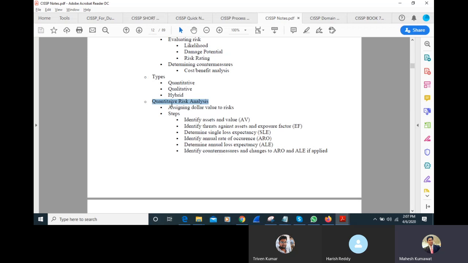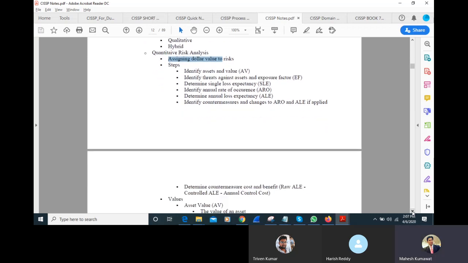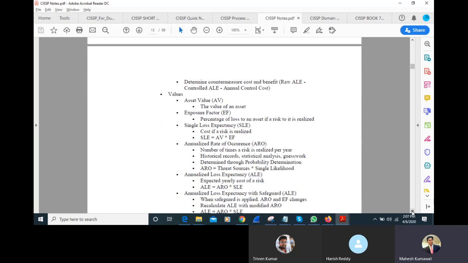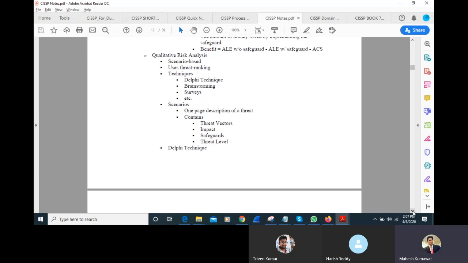So quantitative risk is assigning a specific value, and there is a separate formula for the expectancy. Qualitative risk is basically scenario based.